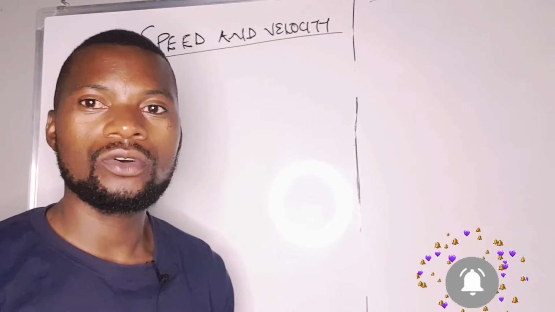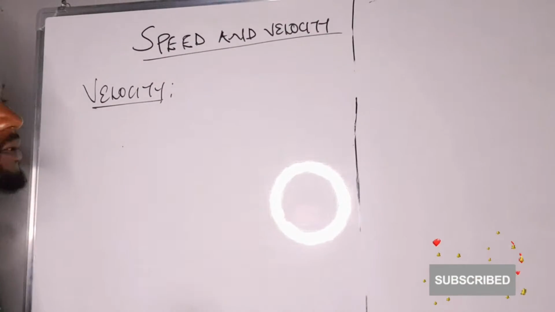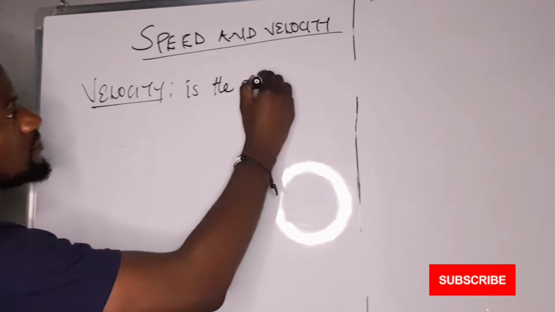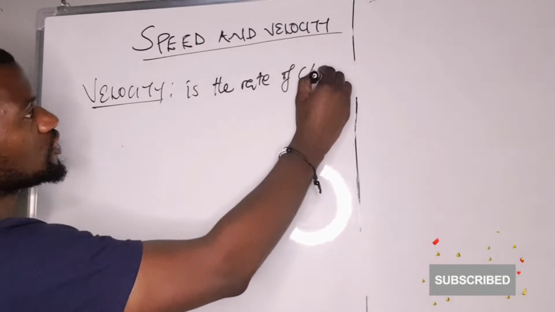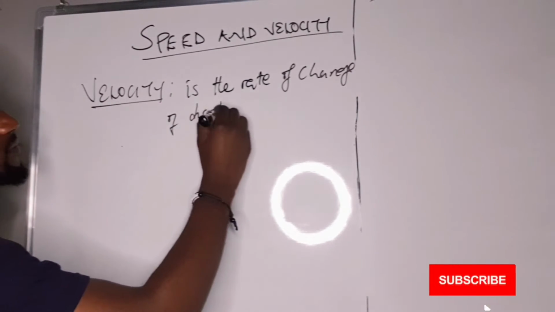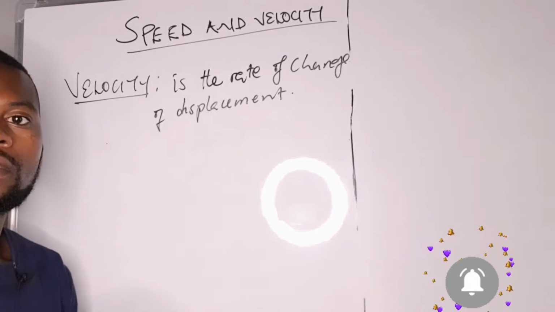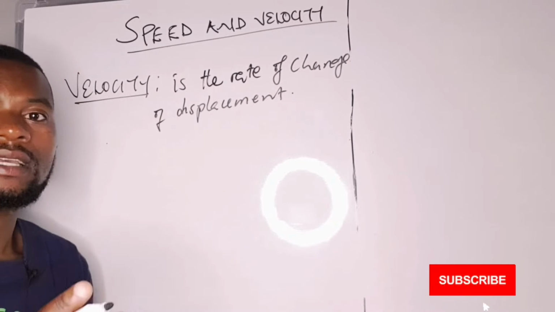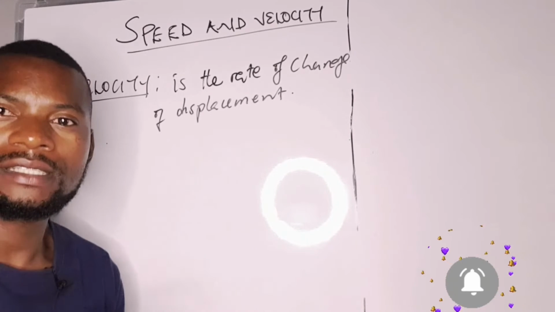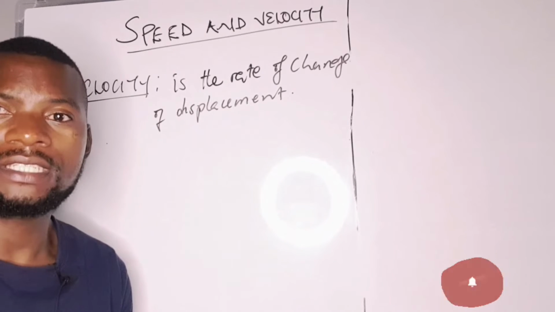Let us now look at velocity. So velocity is the rate of change of displacement. Or you can say velocity is the change in distance in a specific direction per unit time.